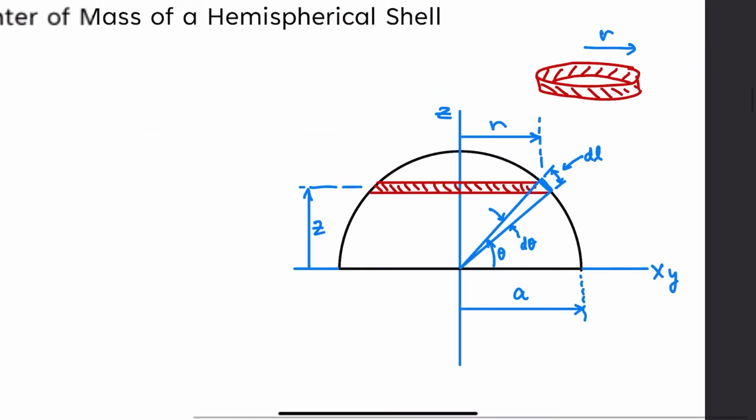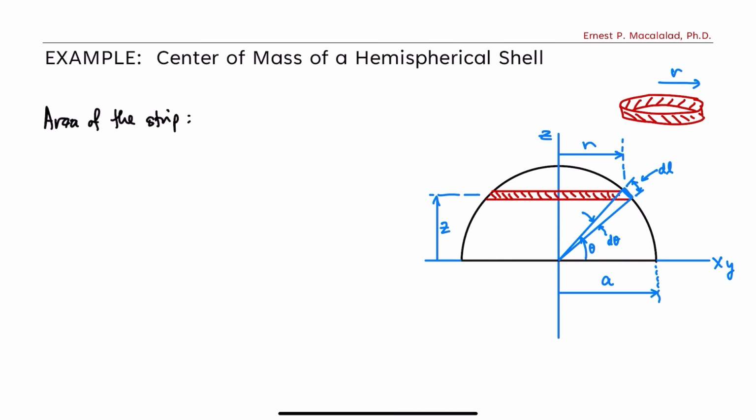The area element, or the area of this strip ds, is equal to the circumference of the strip times the thickness of the strip. So this is C dl, where C is the circumference, and the circumference of the strip is equal to 2 pi r.